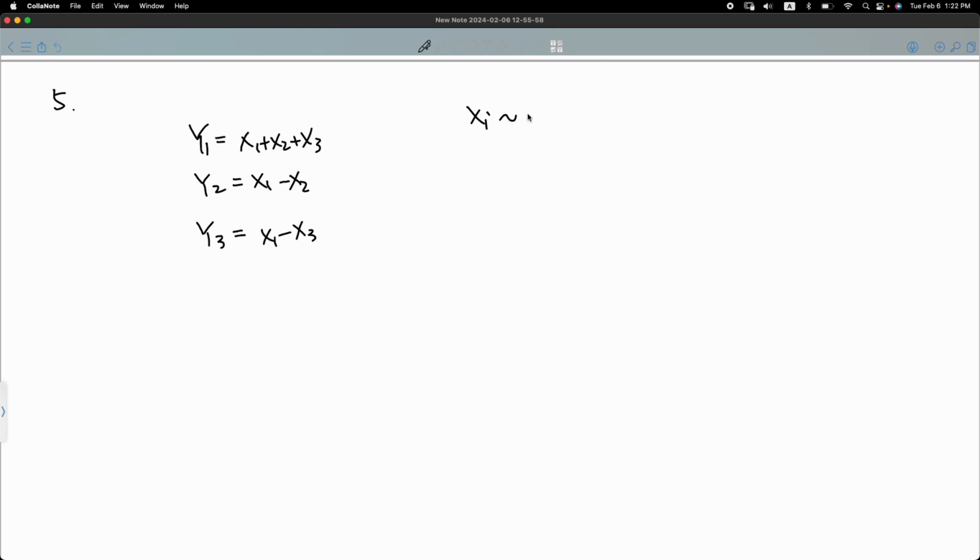Individual xi, for i from 1 to 3, follow the univariate normal. We are interested in the joint of y1, y2, and y3, maybe I'll use f for the PDF. First use the Jacobian, and the second one use the moment generating function.